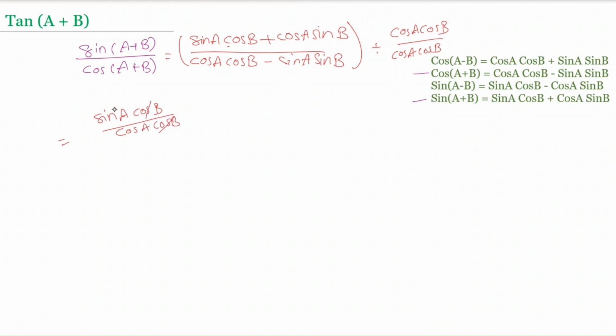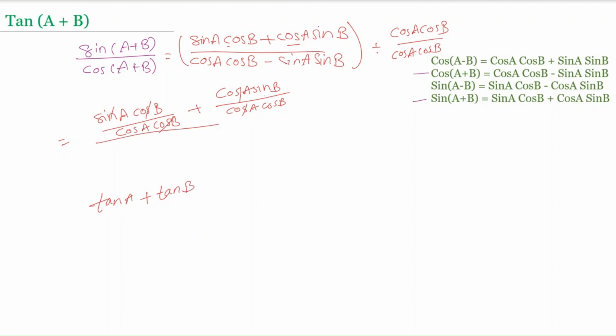We have sin A upon cos A, which is nothing but tan A. And the next term in the numerator is cos A sin B upon cos A cos B. So both cos A will get cancelled out. Sin B upon cos B is nothing but tan B.